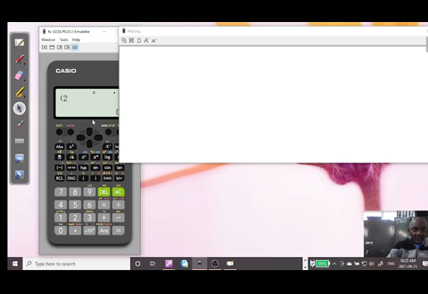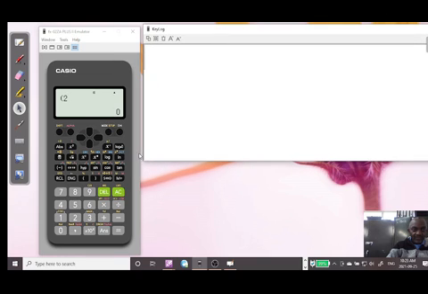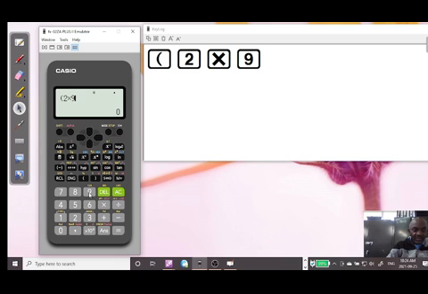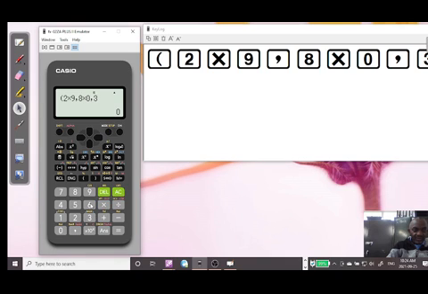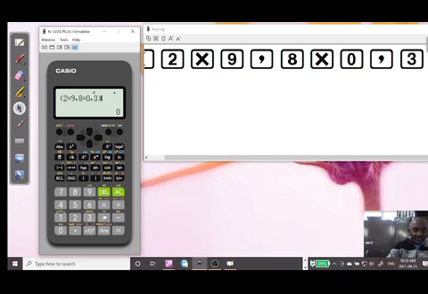Okay, let me start afresh. Now I'm saying mgh, so that is open brackets: 2 times 9,8, times the height, which was 0,3. Close brackets.